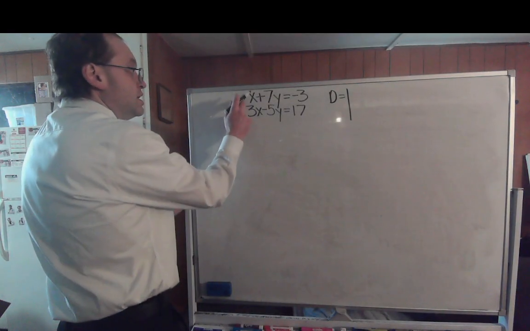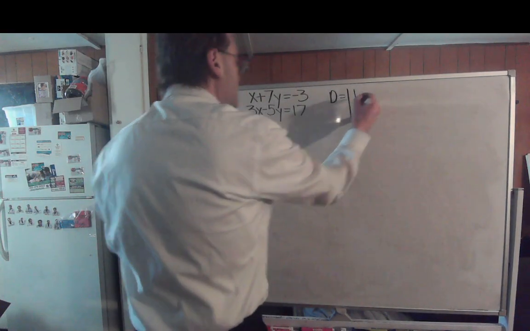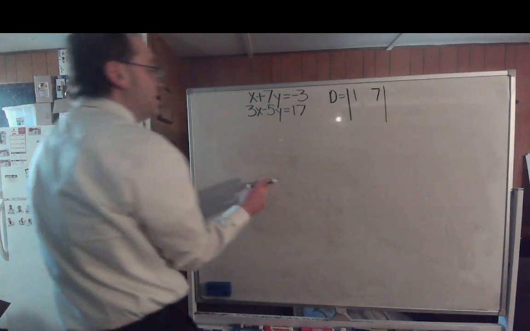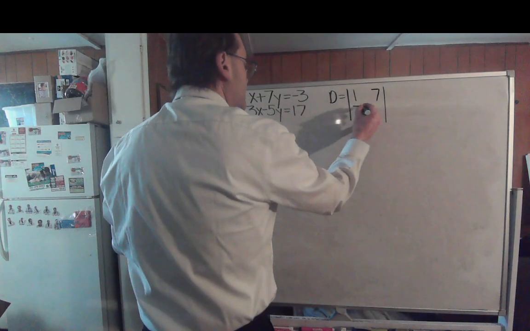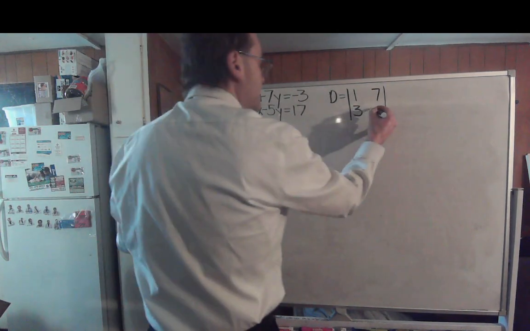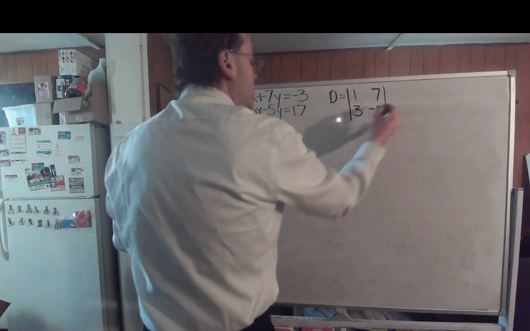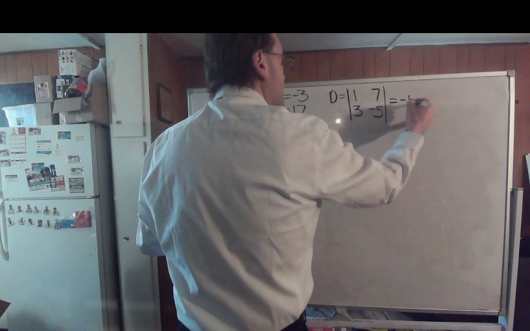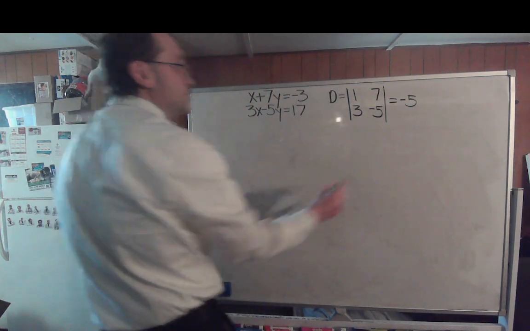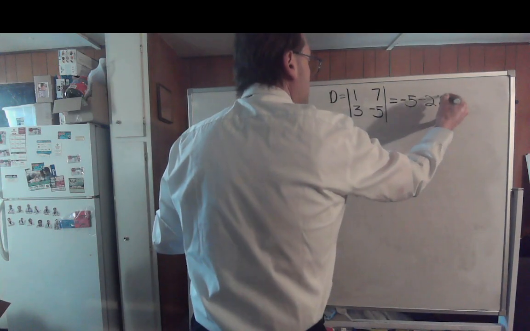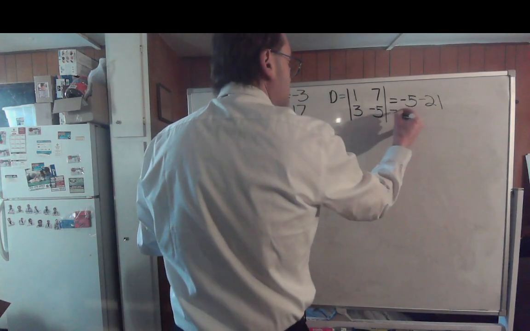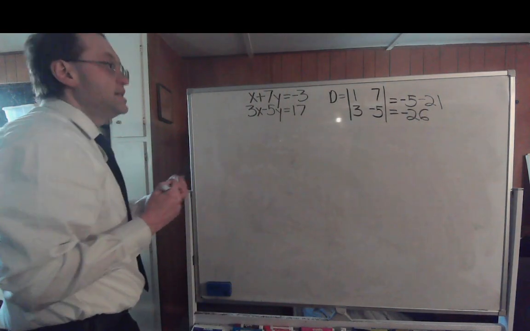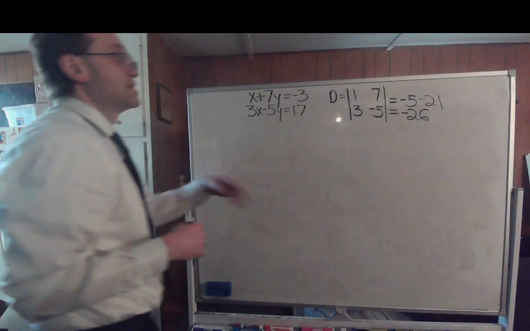So your x coefficient of 1, your y coefficient of 7, and then you have your x coefficient of 3, your y coefficient of -5. Alright, so 1 times -5, that's going to be equal to -5, minus 7 times 3, so that'd be -21. So your d is equal to -26. So we found d to be -26.